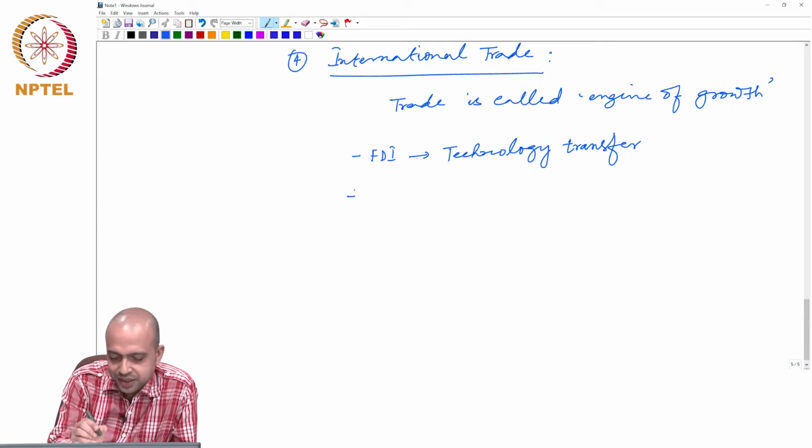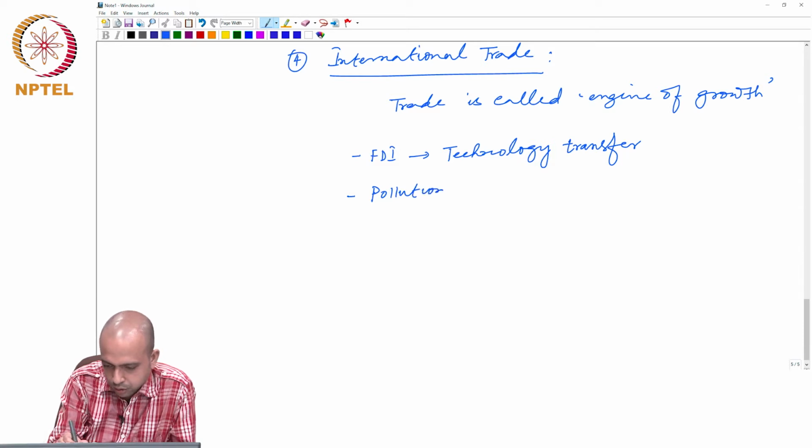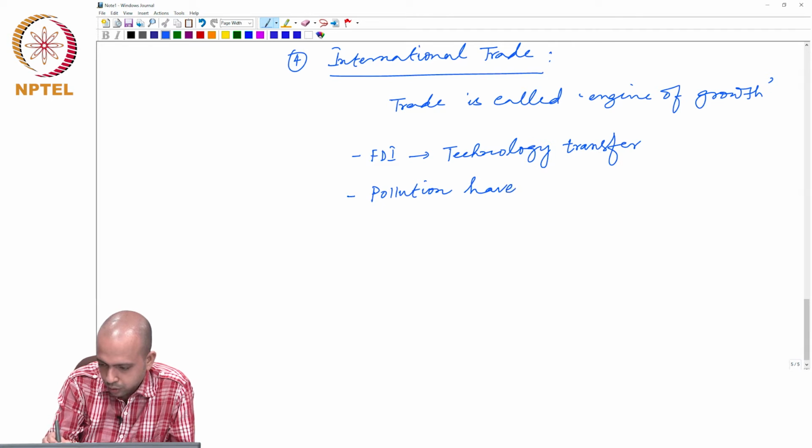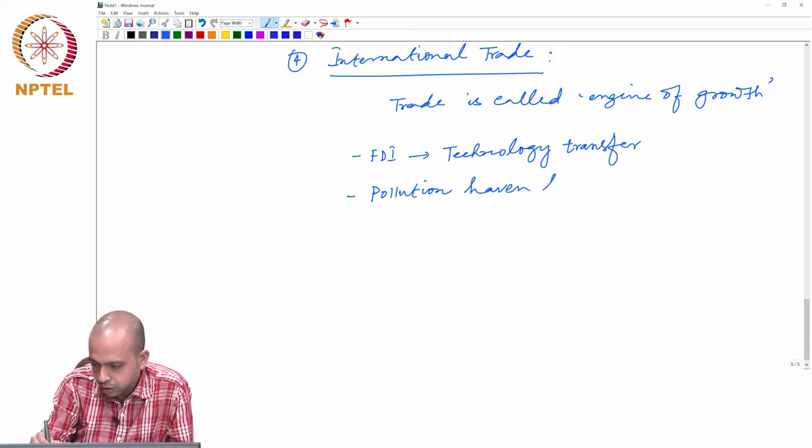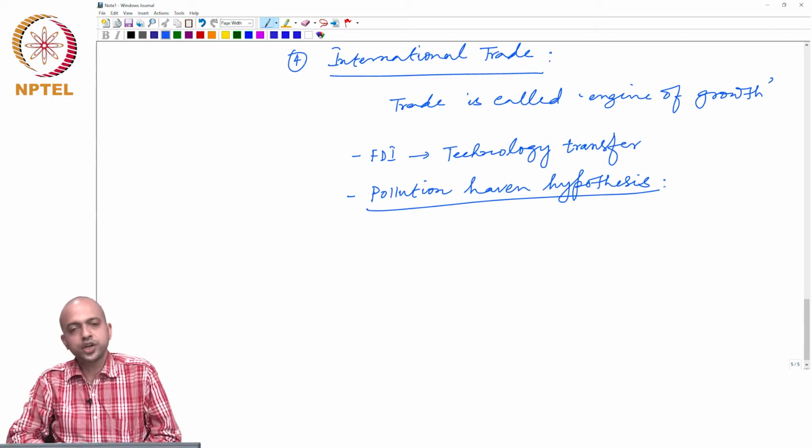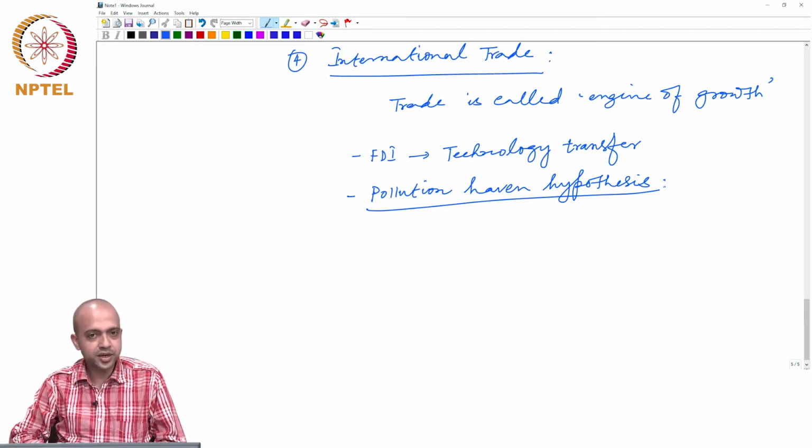That is why they say that there is something called the pollution haven hypothesis. What is that?